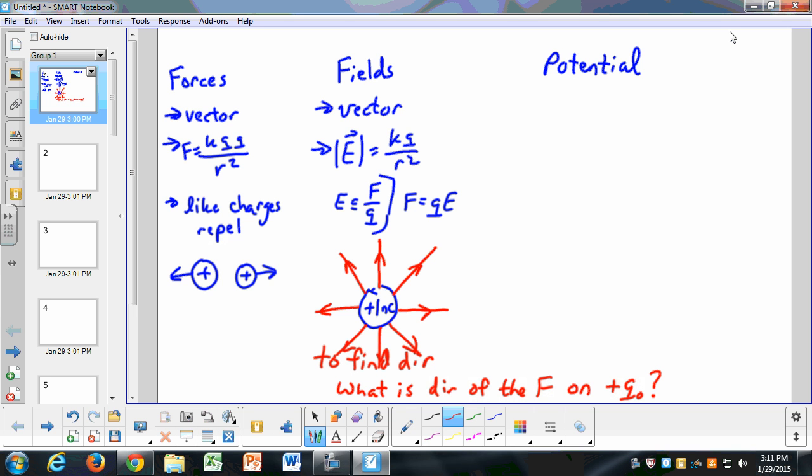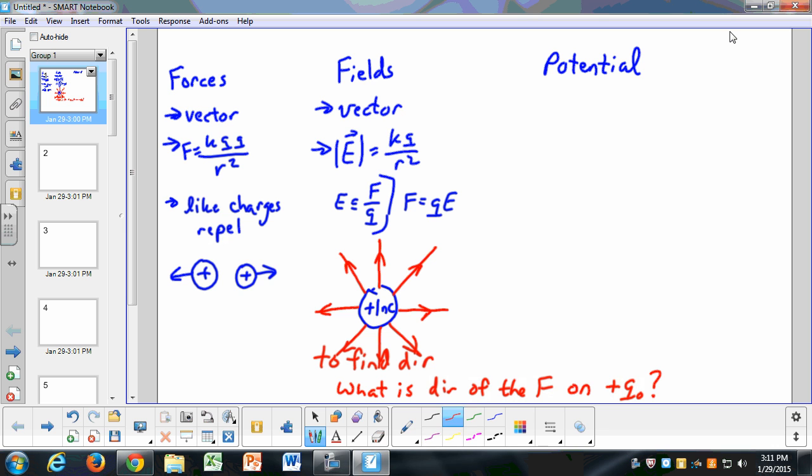It's like, we talked about this last semester, picking up an object and then just moving it around from side to side. I'm not doing any work on the object because it doesn't require a force to move in that direction. It requires a force to pick it up, and I do work in that way. But to move it around equidistant from the surface of the Earth doesn't require force.